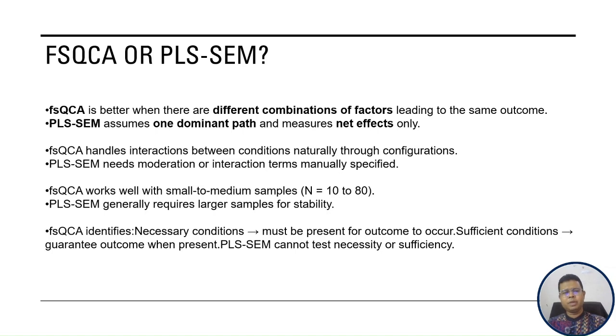At the same time, PLS SEM assumes one dominant path and measures net effect only. It means PLS SEM can only give you the idea whether the independent variable is significant or not to the dependent variable. If significant, what is the level? I mean, level of significance 90%, 95%, 99%, 99.99%, right?